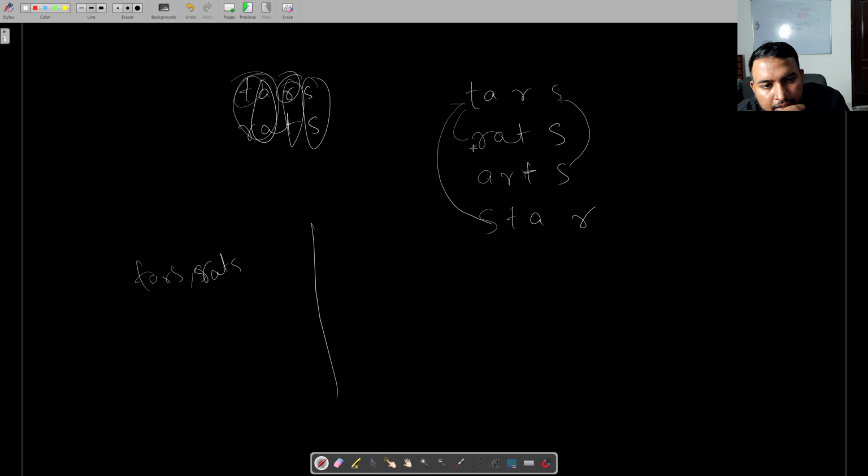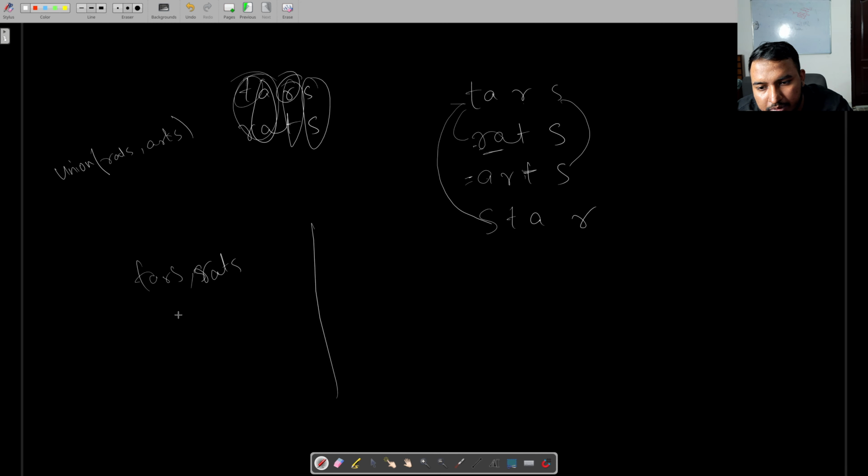Then we have rats and arts, right? And rats and arts differ by two characters because we can swap it. So they now belong to the same set. So what I can do is I can union rats and arts.